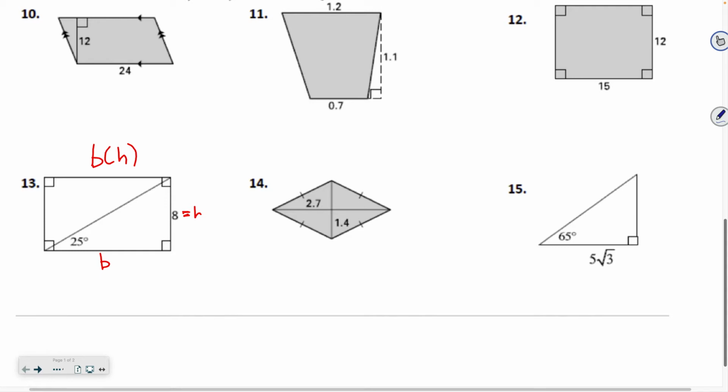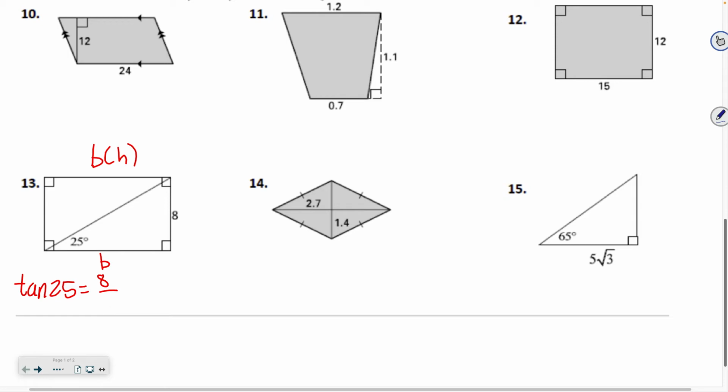If I had a confetti gun, I would shoot it right now. So what is 8? Opposite. What is base? Adjacent. What do we use for opposite and adjacent? Tangent. So tan 25 equals opposite over adjacent.